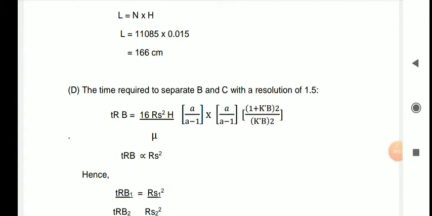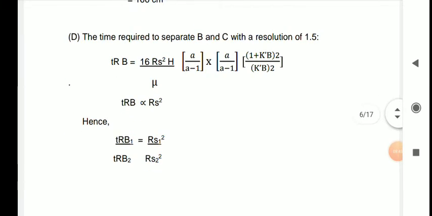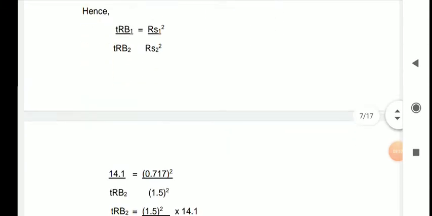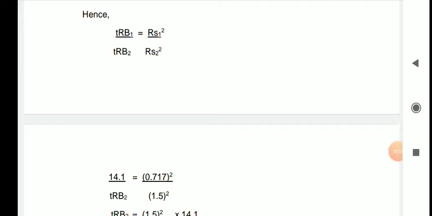If we want the tRB value when the resolution is higher, tRB1 is proportional to Rs1 square, tRB2 is proportional to Rs2 square. So when you take the ratio, tRB1 upon tRB2 is equal to Rs1 square upon Rs2 square. Here we put the tRC value, which is 14.1.